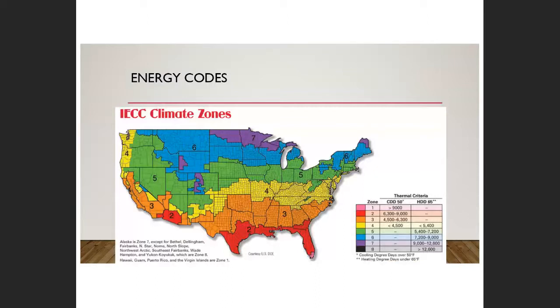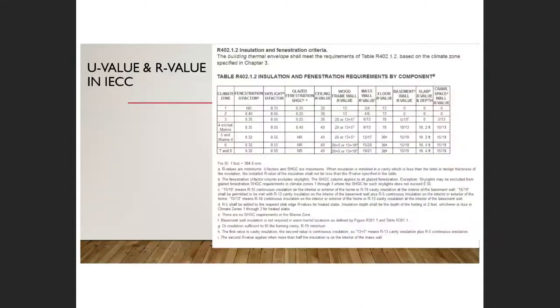In the case of the energy codes, the IECC divides the country up into different climate zones and then applies different standards related to the building envelope differently by climate zone. So once again, this is from the IECC.